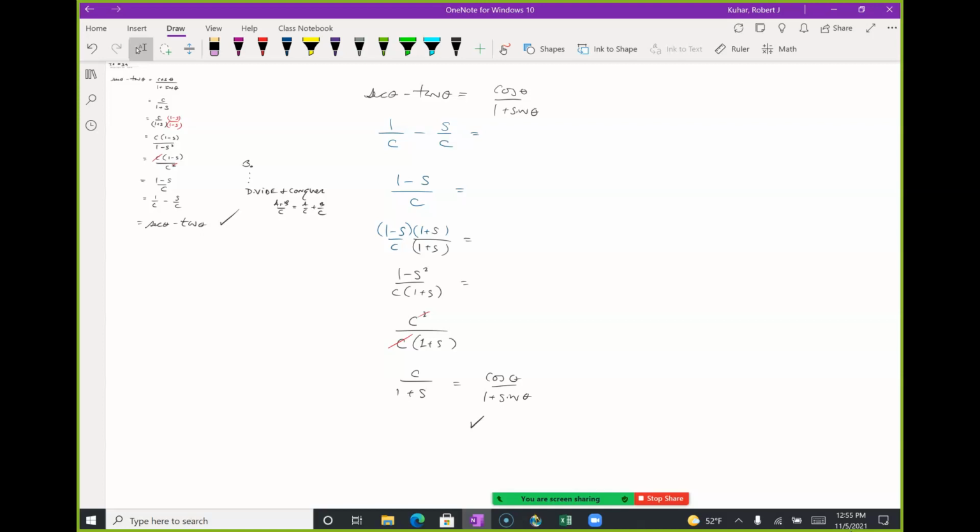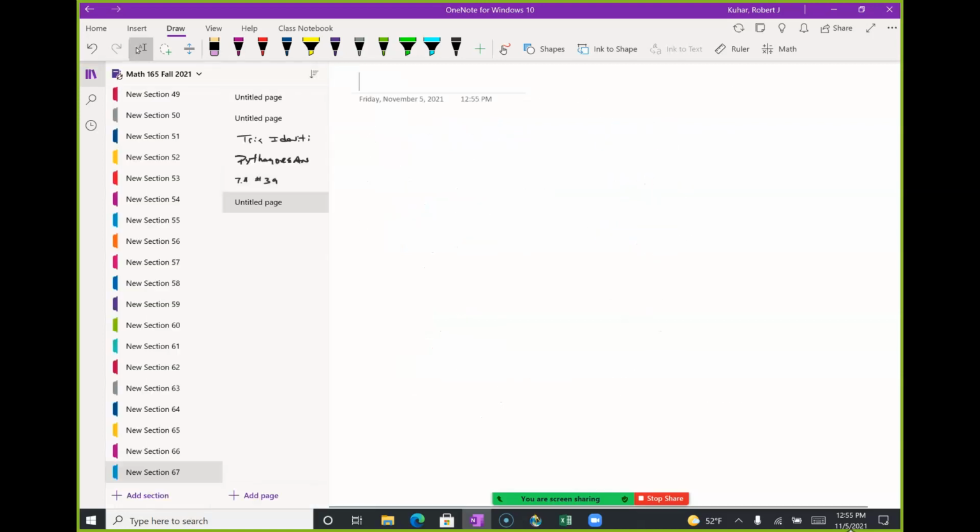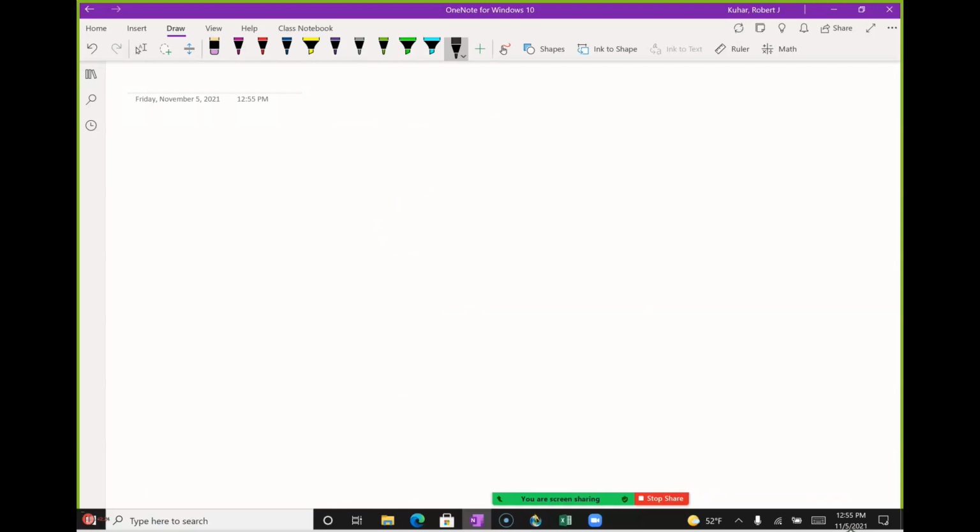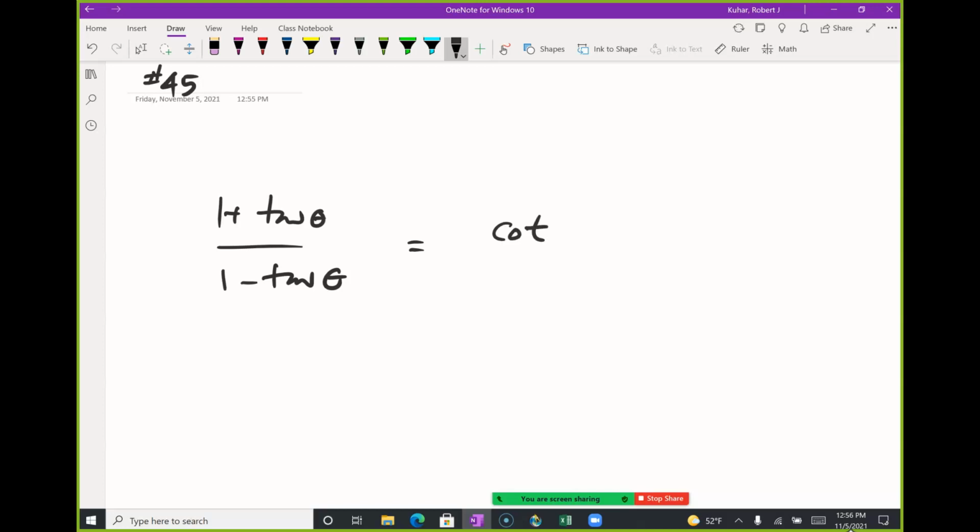Let's do 45. And I think I did different ones in the other class, so you can always look at the other video. I've got 1 plus the tangent of theta over 1 minus tan of theta. So it already looks like a conjugate on that side. And the other side I have cotangent of theta plus 1 over cotangent of theta minus 1.